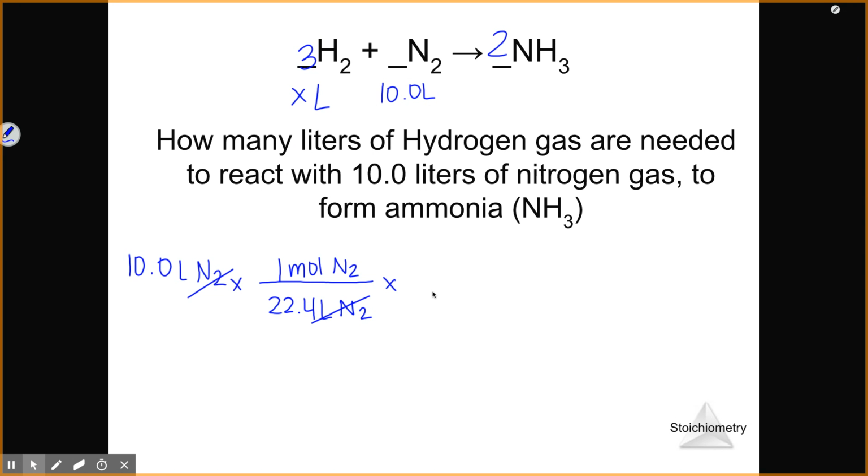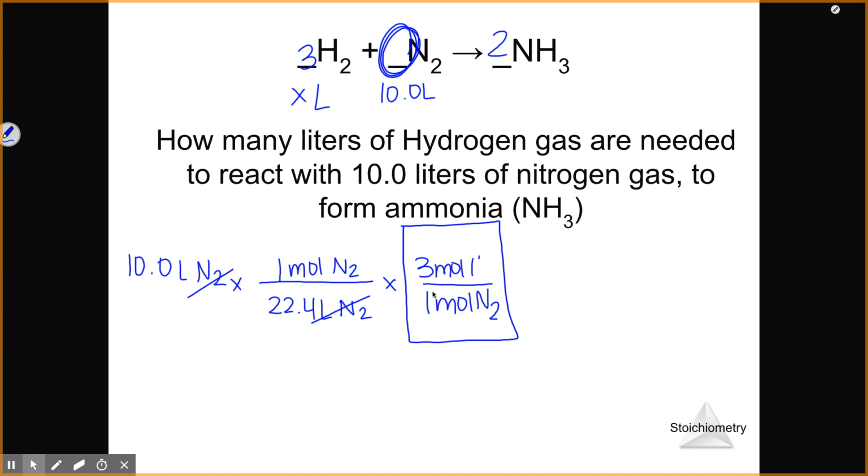Once I'm in moles, I'm ready to use my mole ratio. So again, this is our new part here. So for every 1 mole of N2, remember I'm getting that from the coefficients up above, I need 3 moles of H2. And again, that's from the coefficients up above.